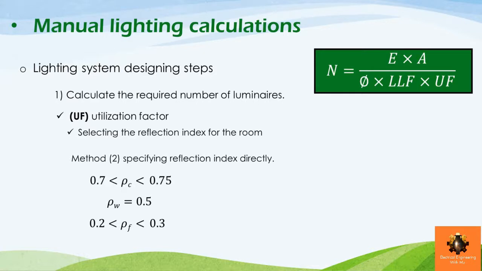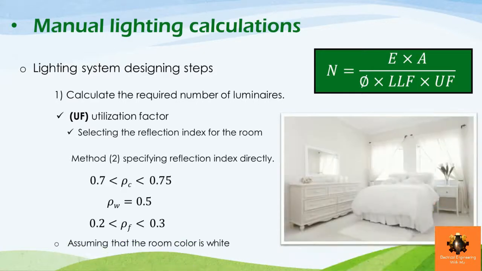We put those values assuming that the room color will be white or a color near to white. So that's for the room painting, which is the first factor affecting the utilization factor.